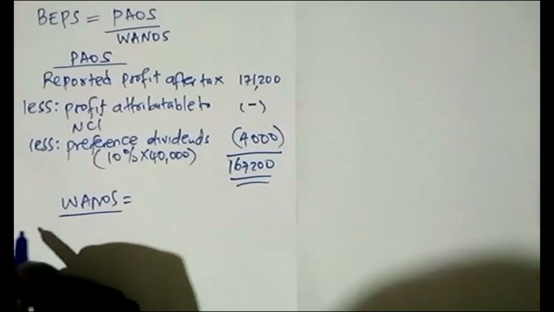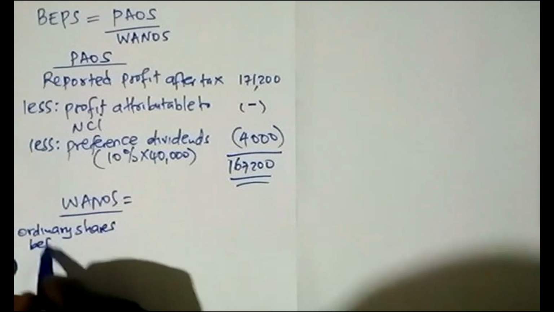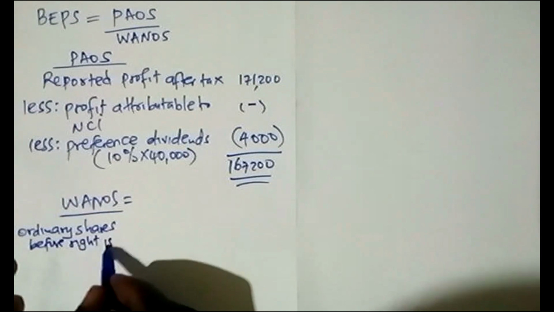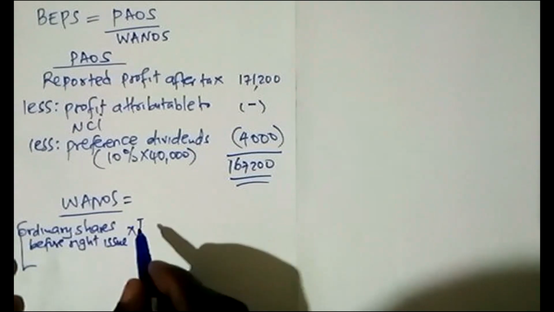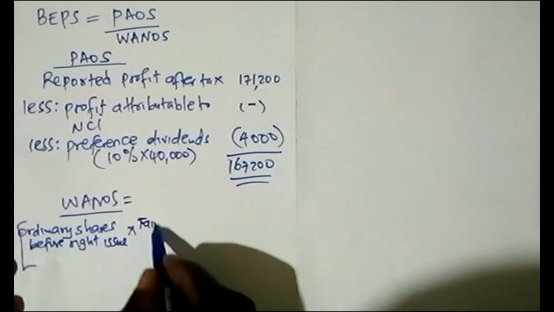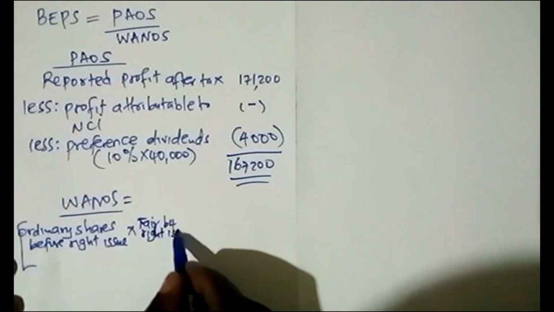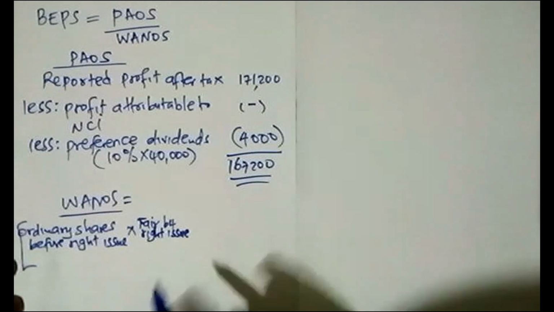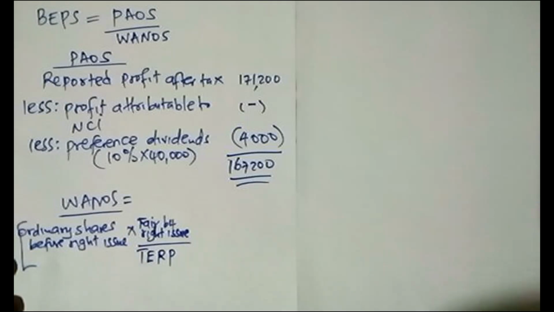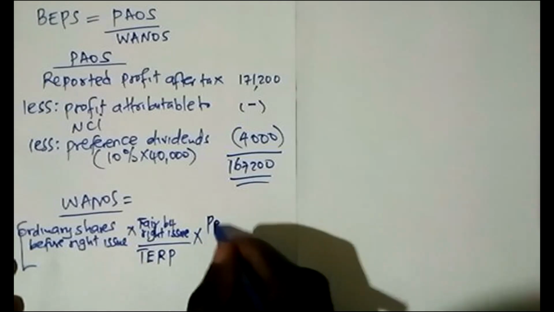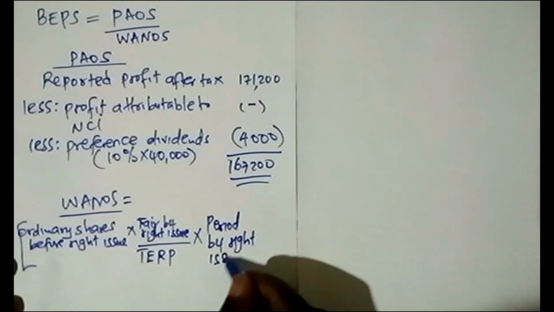We always say: ordinary shares before the right issue, multiplied by the fair value before the right issue, divided by the theoretical ex-right price, multiplied by the period before the right issue.